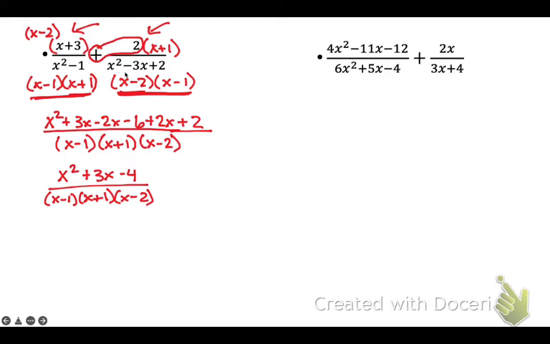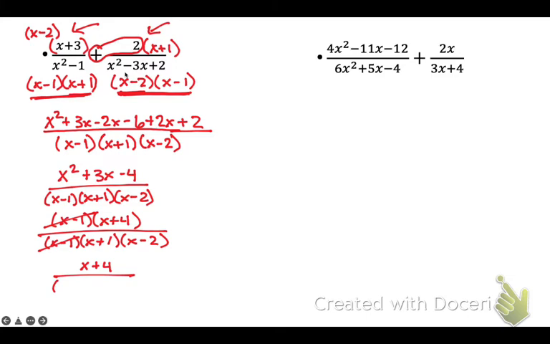So factors of 4 that have a difference of 3. 4 and 1. So it'd be x minus 1 and x plus 4. X minus 1 can reduce, can't it? So the x minus 1's reduced, and my answer is x plus 4 over x plus 1, x minus 2.